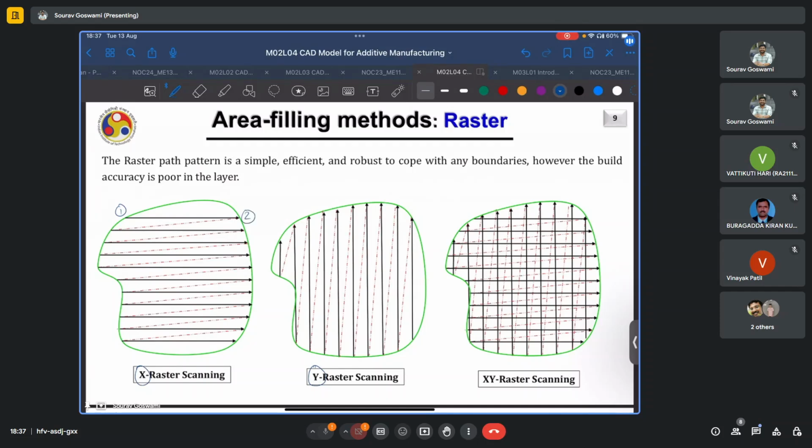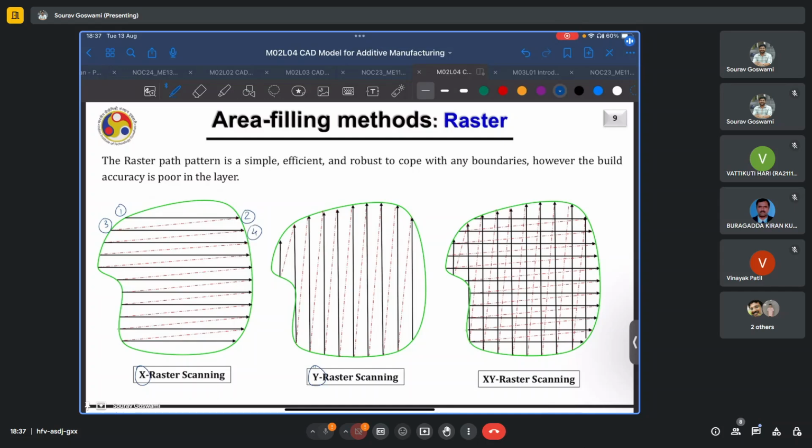Now there will be a lift, that is, material will stop getting deposited. The deposition head might even rise from the surface. It will travel all the way back to the other side from whence it started to another point, say 3, and then again deposit material only in the positive x direction.